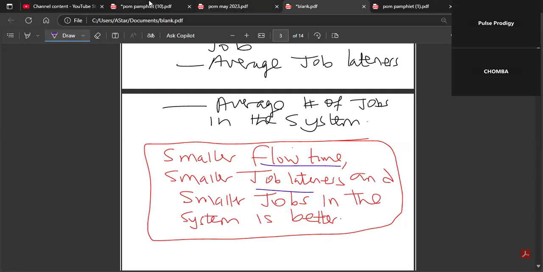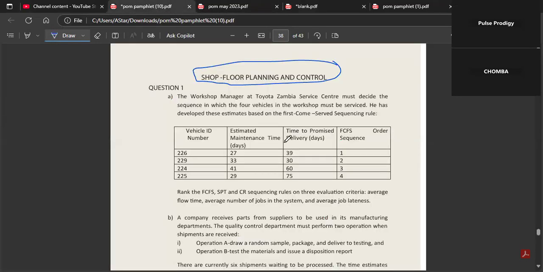Okay, so now in an exam, they only give you the first come first serve, and other sequencing rules come from the first come first serve. So what are we given here? You can read for me the question. It says what? The workshop manager at Toyota Zambia Service Center must decide the sequence in which the 4 vehicles in the workshop must be serviced.